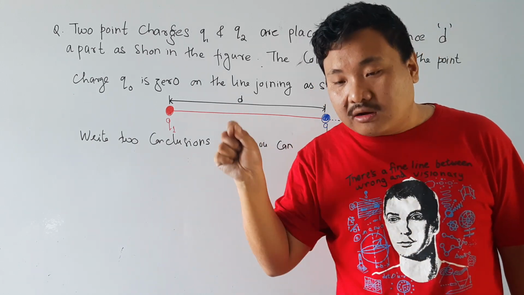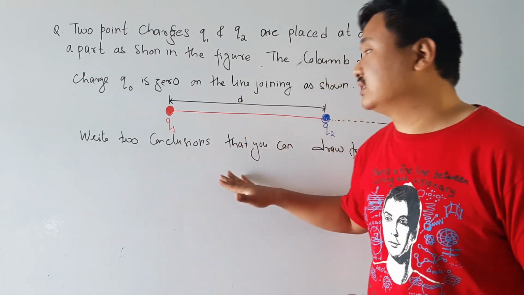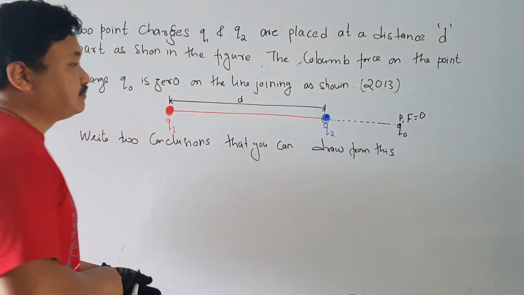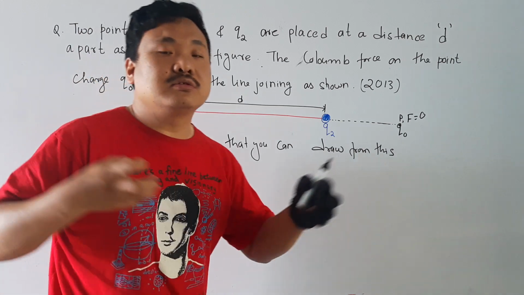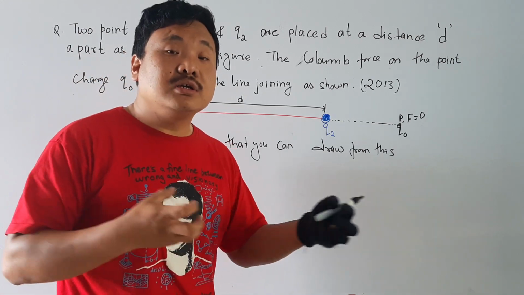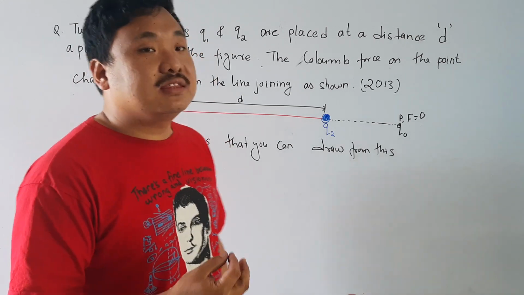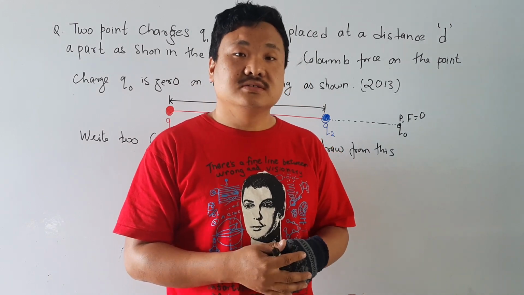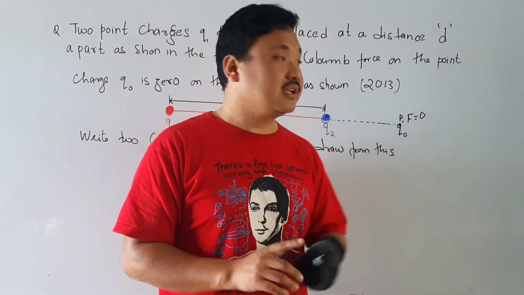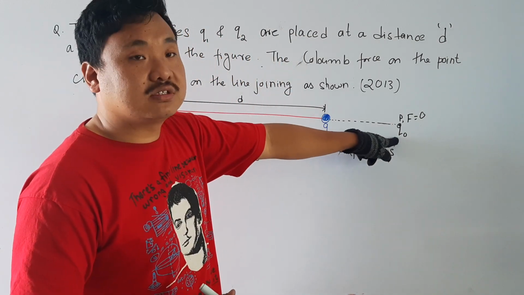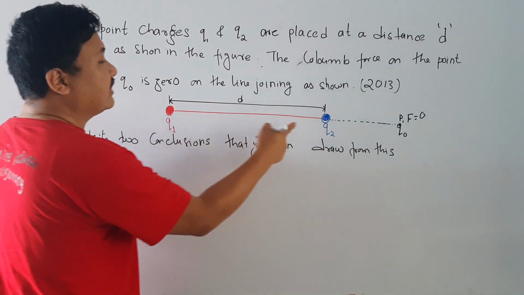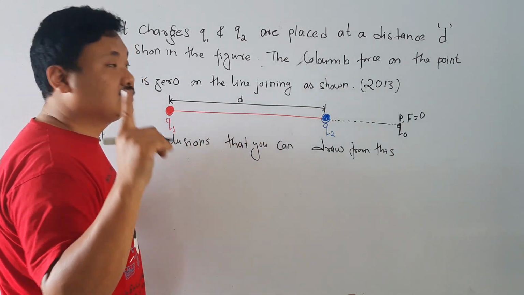If you just solve the numericals, then you cannot write this conclusion. So the conclusion is that we have studied when the point should be outside: when the charges are unlike, then we can say the point is outside. Here this point is outside. The conclusion is that Q1 and Q2 are opposite to each other.